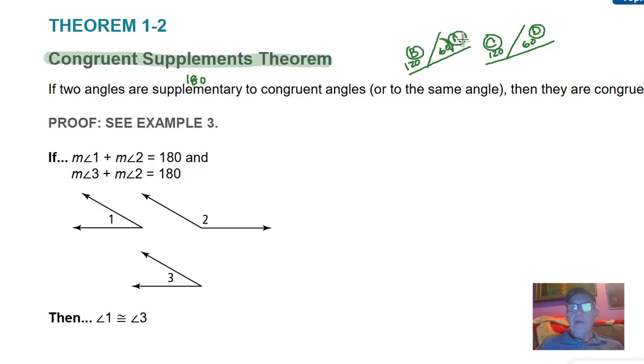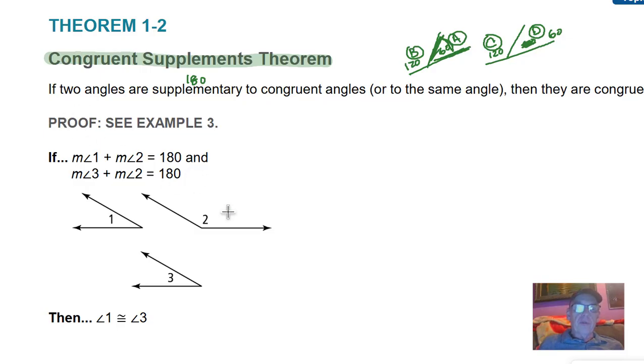So we can see that if this 60-degree angle is supplementary to angle B, and if angle D, let's say we didn't know what angle D was, is also supplementary to either angle B or an angle that's congruent to angle B, which is angle C, which is 120 degrees, since it also has to make a straight line, it also has to be 60 degrees, which means that angle A and angle D are congruent to each other.